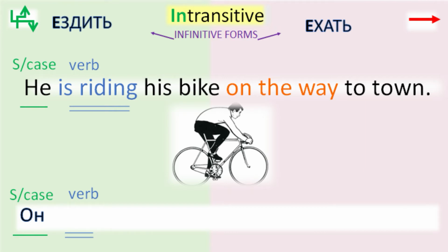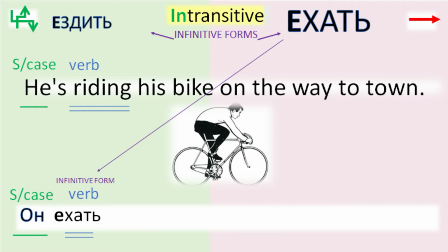From the sentence, he is riding and on the way indicates that the unidirectional infinitive form is required. Ехать. Then conjugate the verb. Is riding is the verb in the present tense, so you need to change Ехать to Едет for the third person. Он едет.